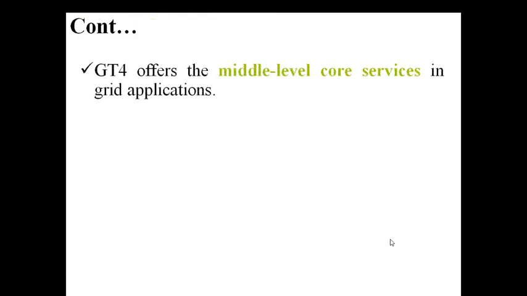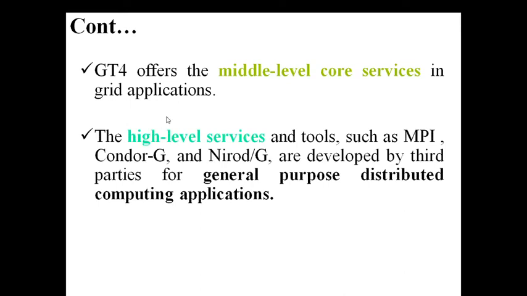Okay, now we will see this. GT4 offers middleware core services in grid applications. What is the main theme? Here we have a lot of protocols and tools and libraries, but what GT4 intends is only the middle level core services. High level services and tools such as MPI, PonderG, NairoG are developed by third parties.